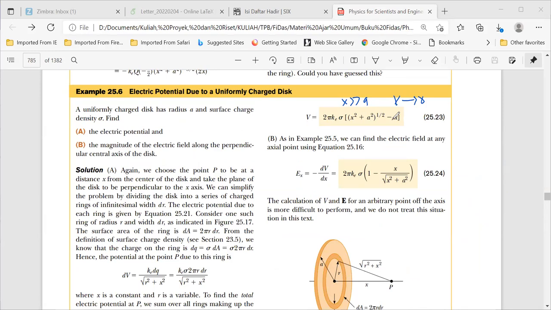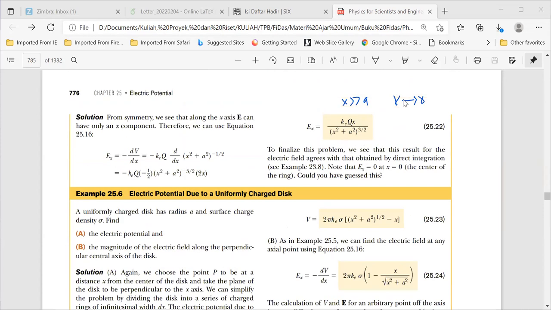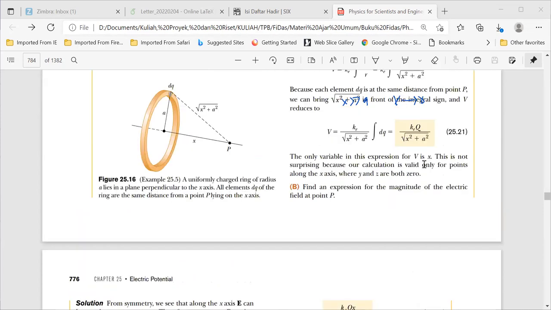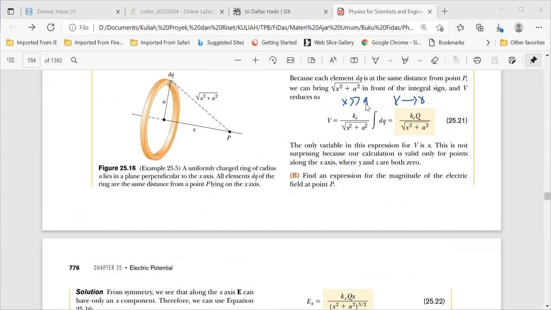Kalau untuk mencari medan listriknya, Anda tinggal turunkan dV per dx. Jangan lupa minus di depan, jadi minus dV per dx. Jadi didapatkan 25.24. Untuk yang cincin, kita dapatkan seperti ini. Anda cek bahwa ini akan menuju 0 juga.